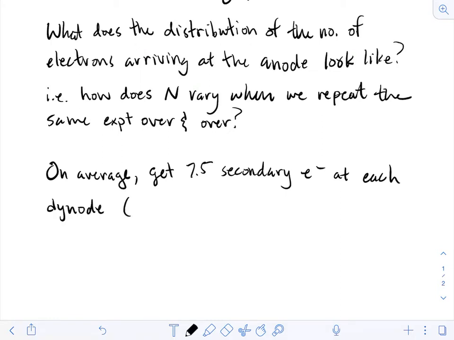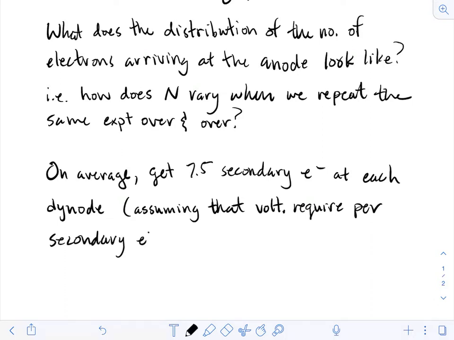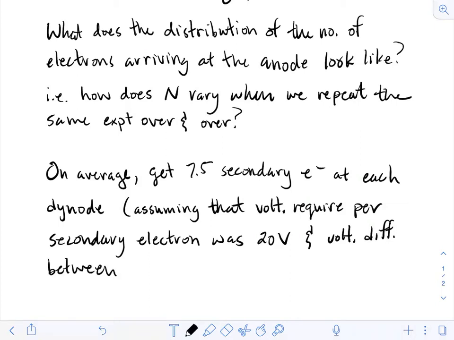And so remember, this was assuming that the voltage required per secondary electron was 20 volts, and the voltage difference between adjacent dynodes was 150 volts.